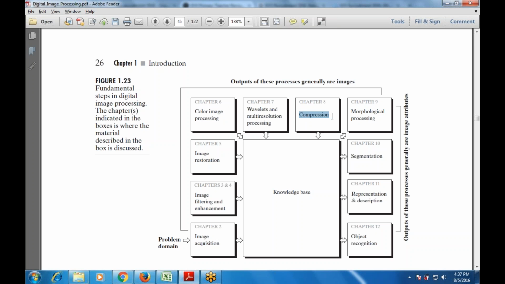Then chapter number 8 is compression, that means shrinking the size of the image. Then chapter number 9 is morphological processing, how we can build the image so that its structure will be maintained. Then chapter number 10 is segmentation, that means dividing the image into multiple parts.